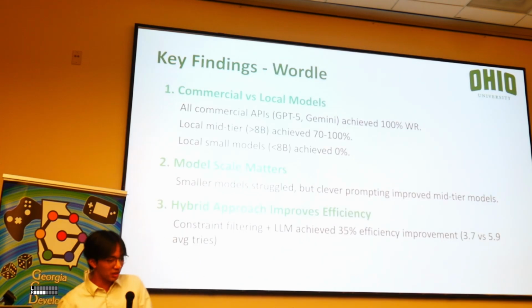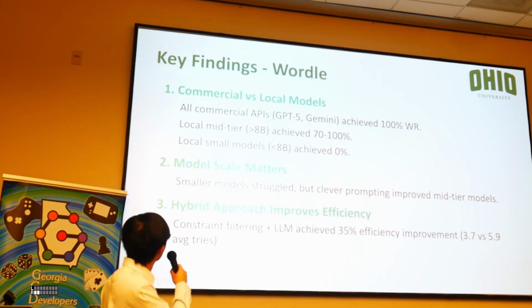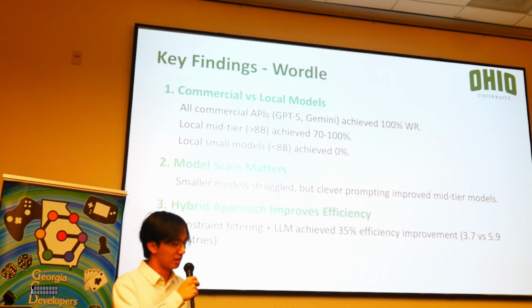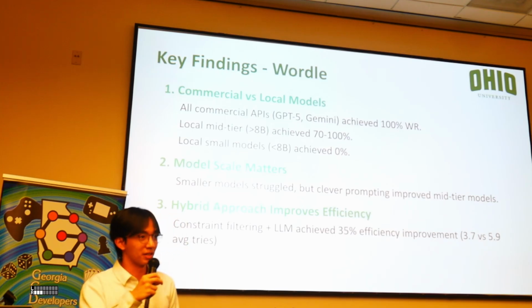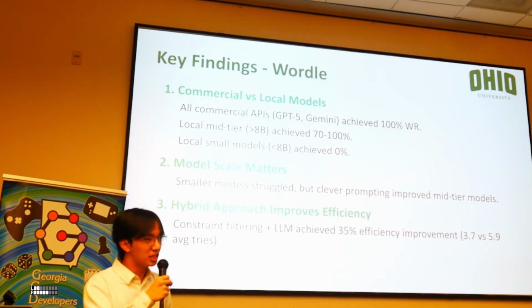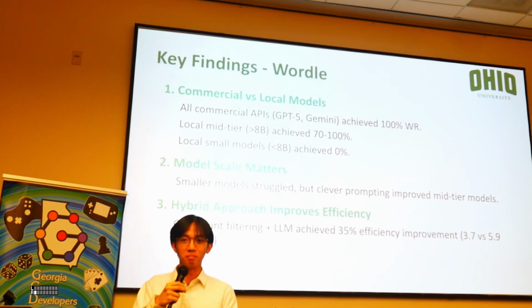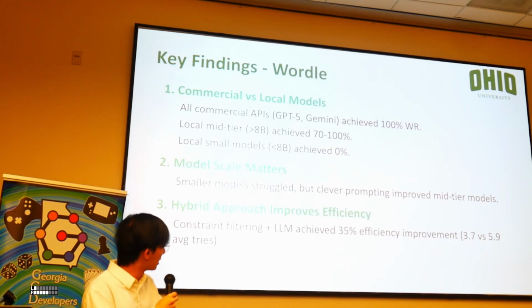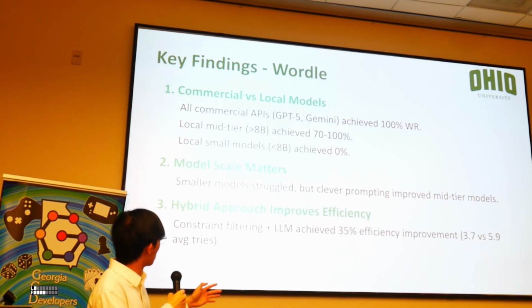Just to summarize the results, all commercial APIs were successfully solving Wordle 100% of the time. Mid-tier models, with more than 8 billion parameters, solved it most of the time, but smaller models pretty much didn't solve them.